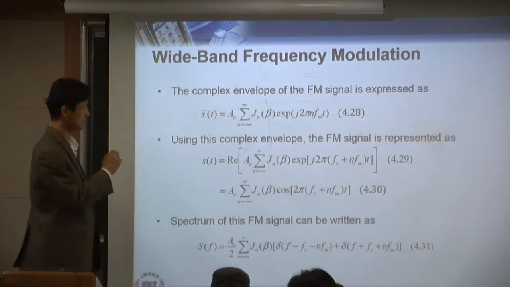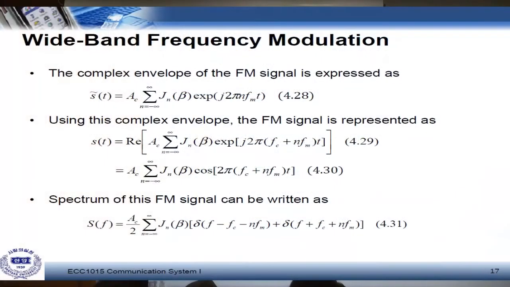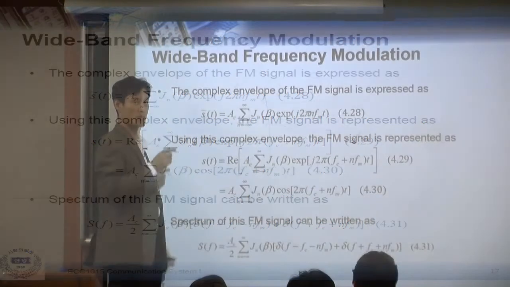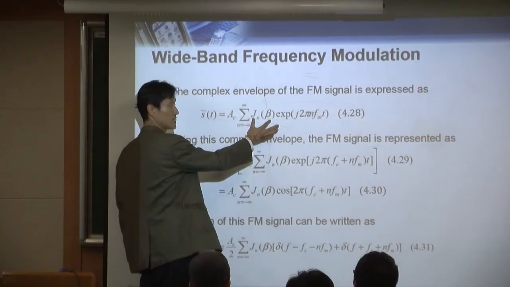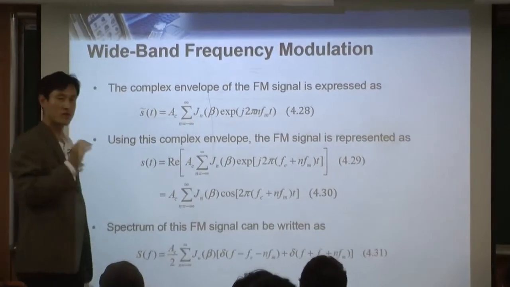Let me go to the next one. So your s hat t is a summation of Bessel functions. But when you look here, this one is simply a Bessel function, so eventually the Bessel function is a coefficient.